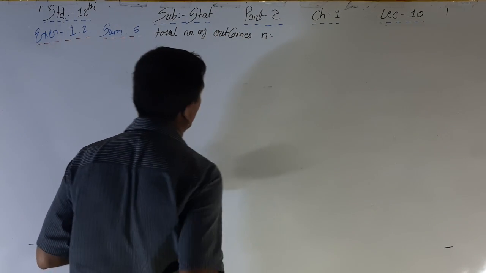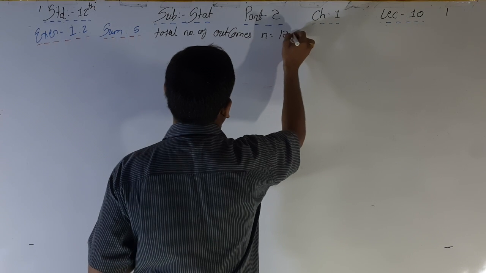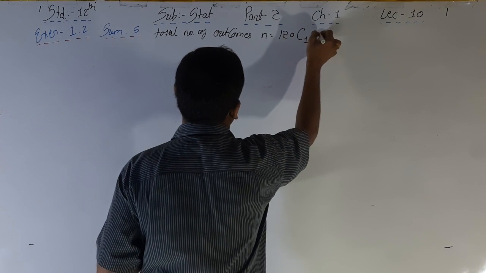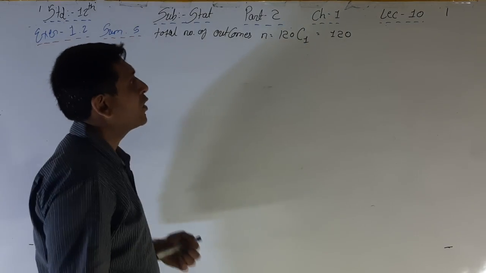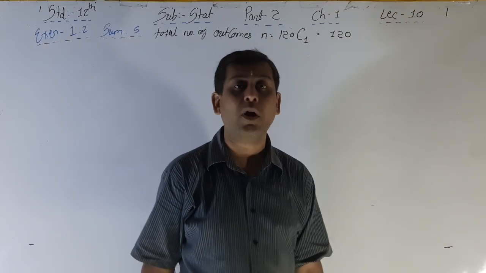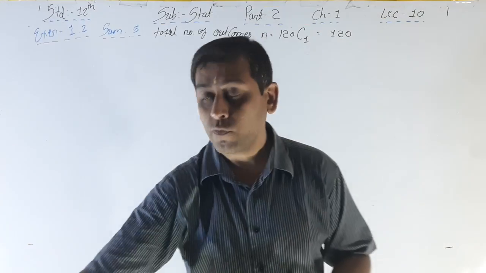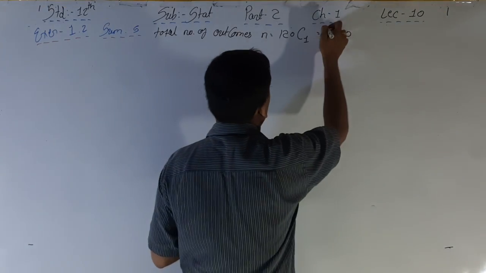N is equal to what? From total 120, we have to select one number. That's why NC1 is equal to N, that's why 120 is your total number of outcomes. Okay, so this is your N.